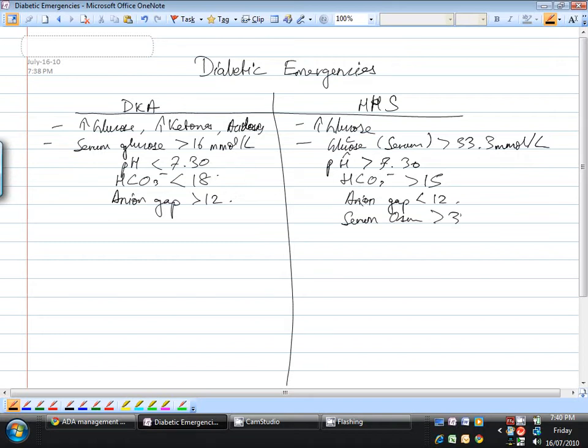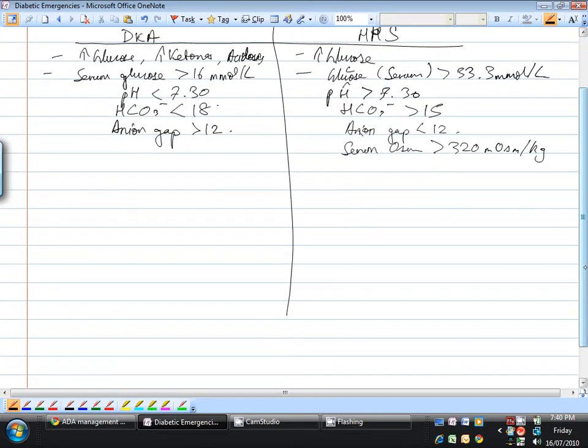Now, even though these disorders are similar, there are some key differences. There's less ketosis in HHS, and as a result, less acidosis. And serum glucose is greater in HHS, and so is the serum osmolality.